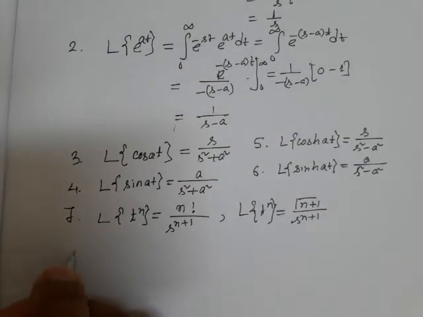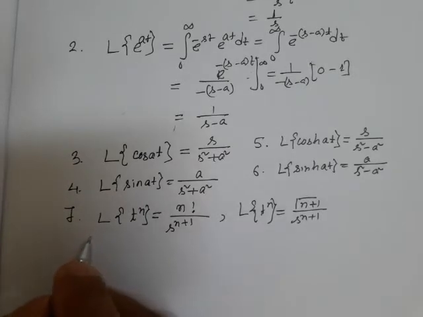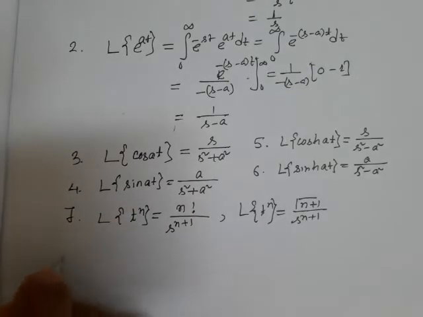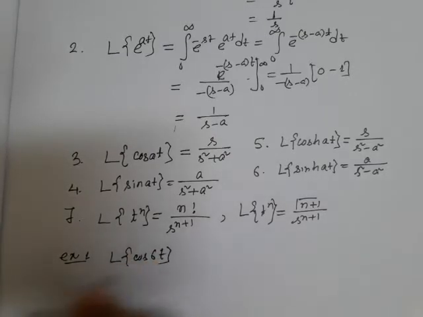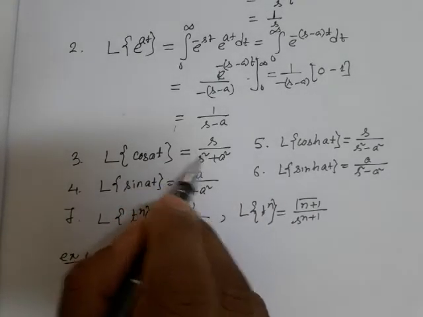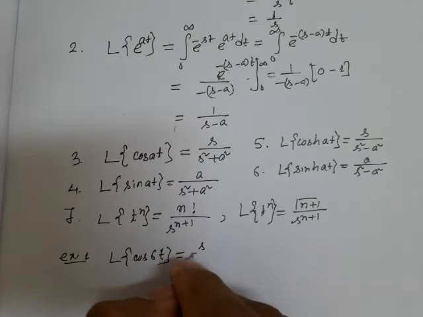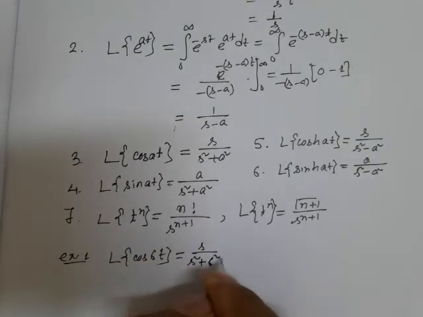Let us take some examples before starting the properties. For example, what is L of cos of 6t? See this formula and use it: s by s square plus 6 square.